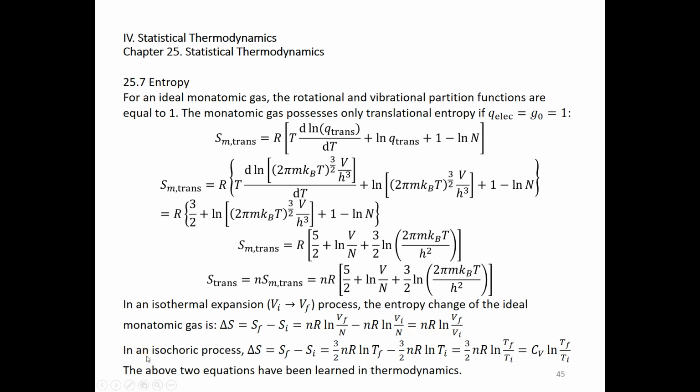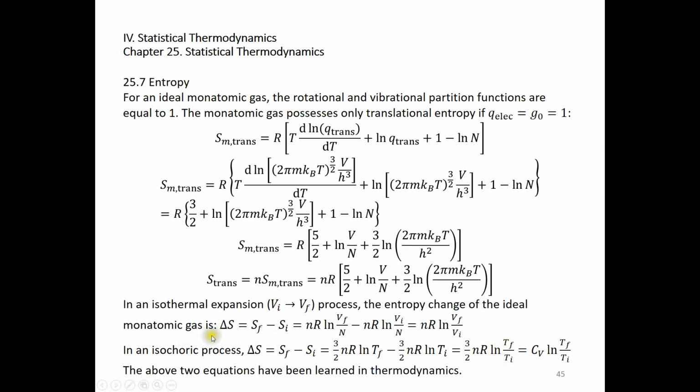Now let's look at an isochoric process, from T initial to T final. Again, let's examine this term. They do not depend on temperature. Only here we have 1.5 times the logarithm of T. So we have 1.5 times the logarithm of T final minus 1.5 times the logarithm of T initial, and then multiply by nR. The result is 1.5 nR times the logarithm of the temperature ratio.